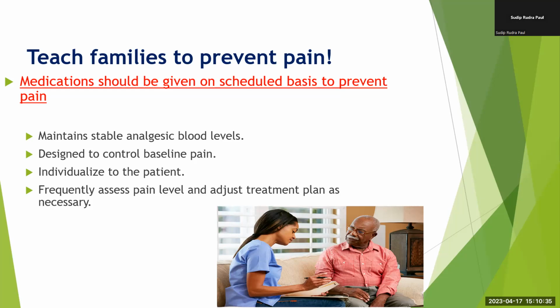If they take SOS medications at home, how many doses they have taken, on which date, at what time, we have to ask them to write in a copy, and while they are coming for a visit to the hospital, they should bring that copy, and we can reassess the patients, see what things we need to reevaluate, and give the medications properly.